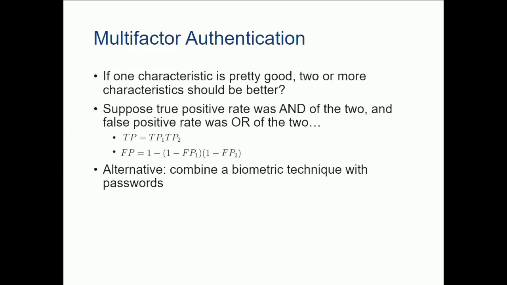So how do we interpret this equation? 1 minus FP1 is the probability that an illegitimate user is denied access, and 1 minus FP2 is the probability that the illegitimate user is denied access.